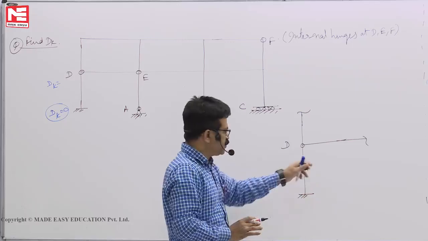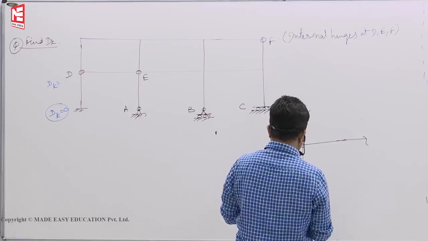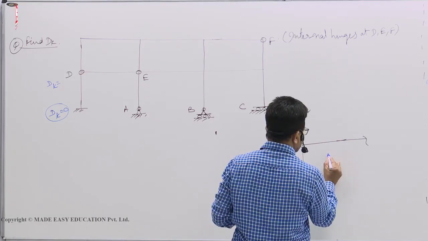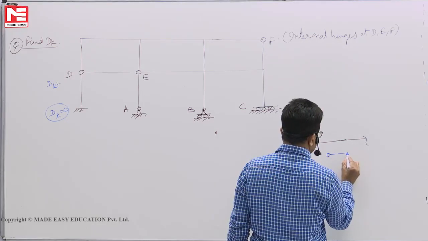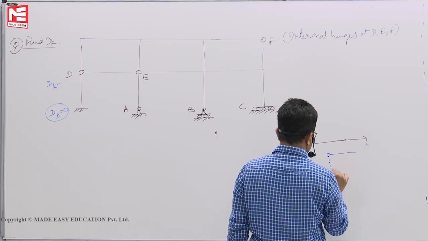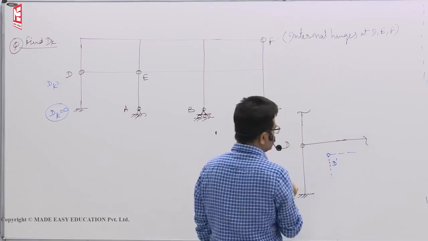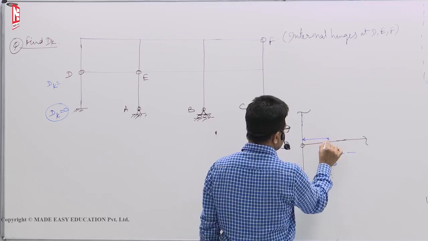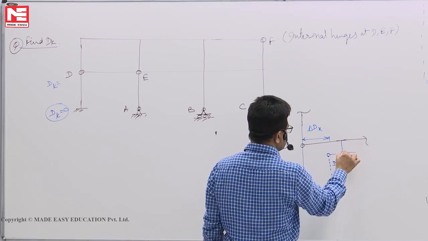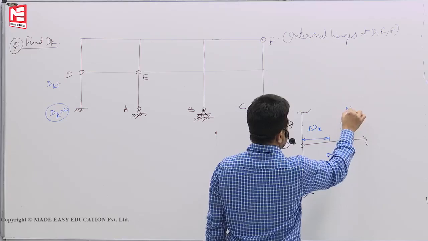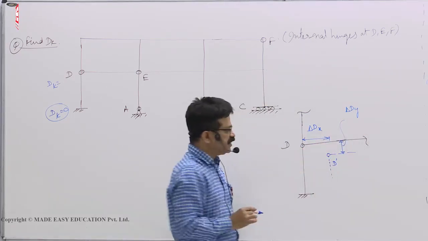Due to compressive force, it will get compressed. So it can come here. D will come to D dash. That means two translations are possible. This is delta dx, this is delta dy. So D has come to D dash.